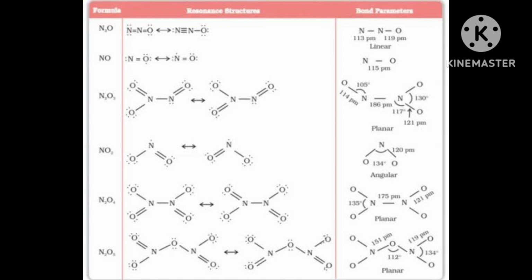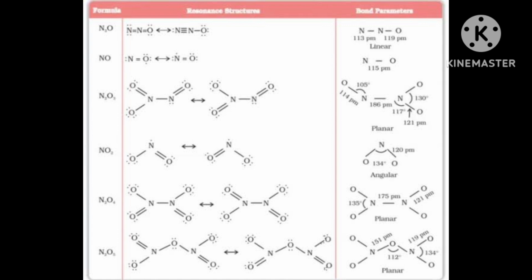Now how can you write the resonance second structure? It is very easy to write. In the first structure, both NO double bonds were down, on both nitrogens the oxygen was joined with a double bond down. But in the second structure, the first nitrogen's double bond which was down will go up, and the one up will come down.